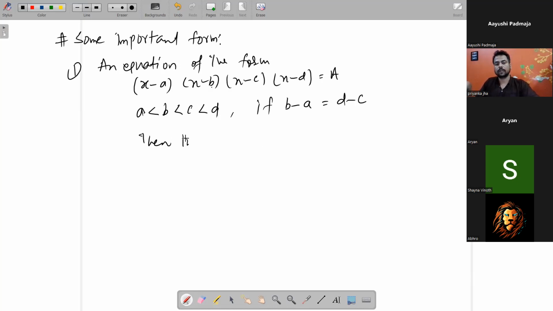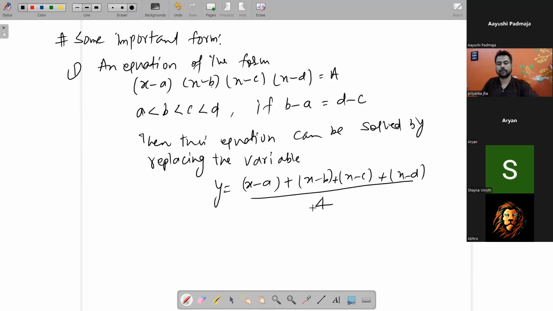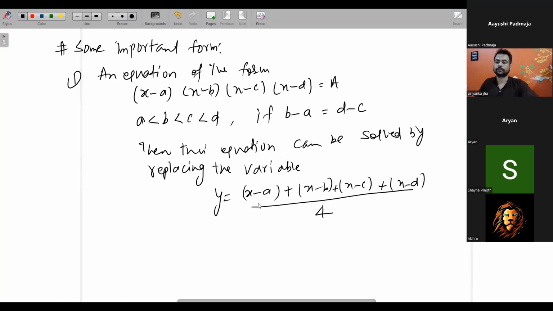Then this equation can be solved by replacing the variable y equal to x minus a plus x minus b plus x minus c plus x minus d upon 4. In this way, it would be easy to solve this question.